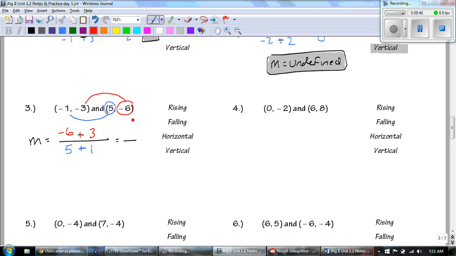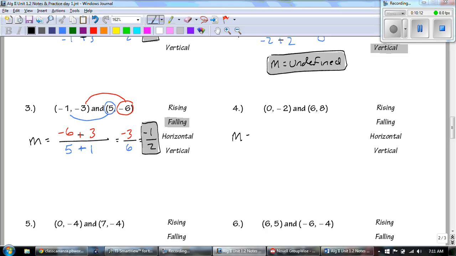Negative 6 plus 3 is negative 3. 5 plus 1 is 6. Remember to always reduce your fraction, and that changes to a negative 1/2. And since I have a negative slope, that's going to be falling.